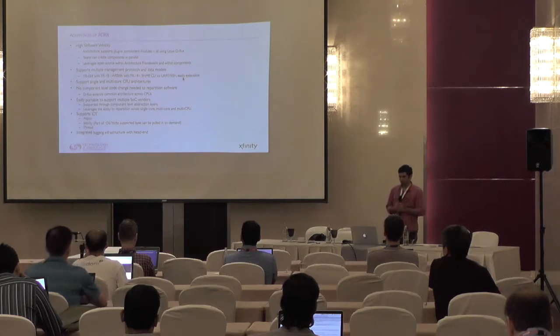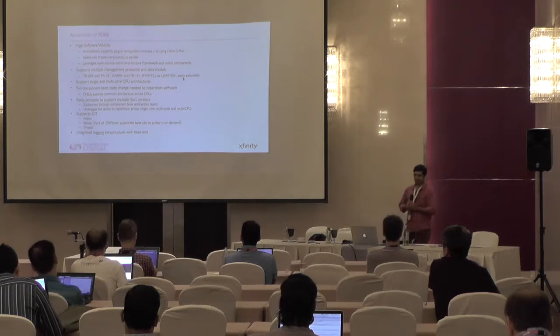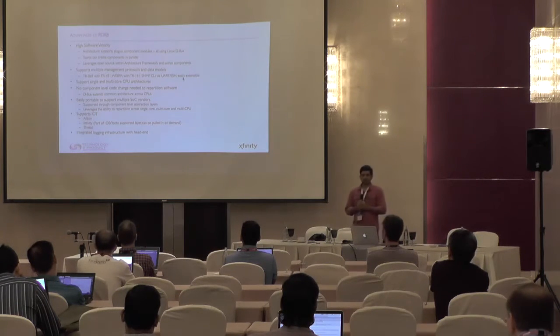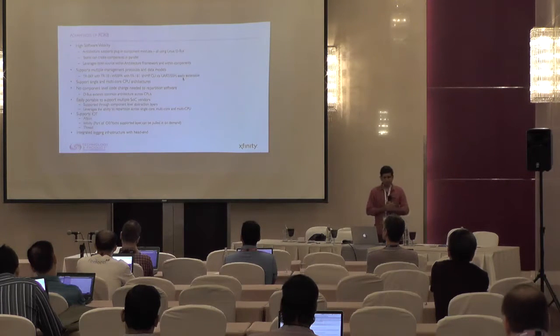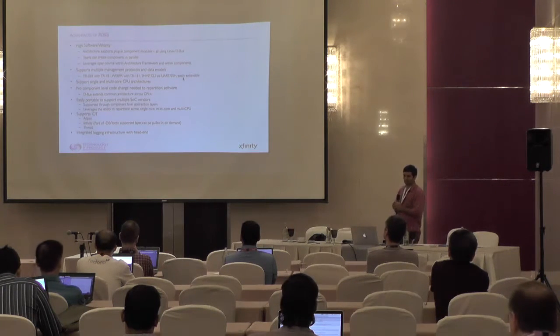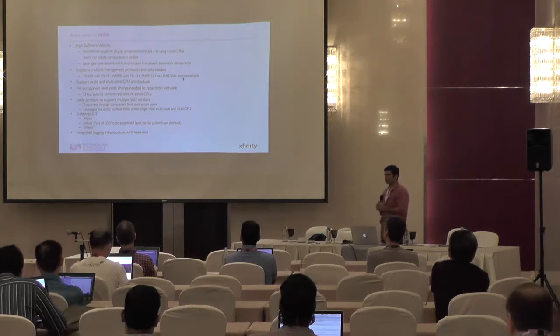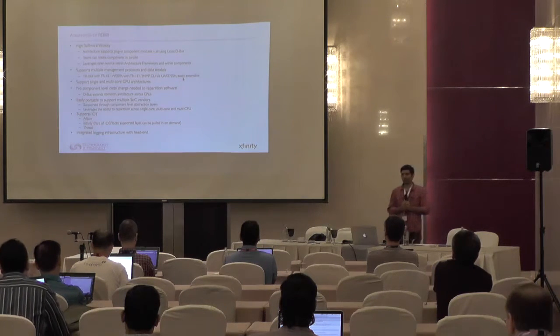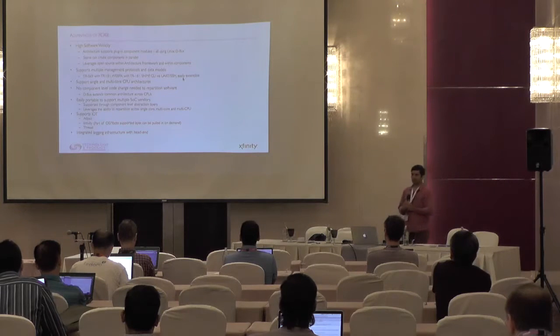So why should we use RDKB? A lot of people ask why we didn't go with OpenWRT or something which is already available. There was an analysis done, and one of the common features that we needed to develop with OpenWRT anyway was our infrastructure for provisioning and talking to our backends, for example, our head end.